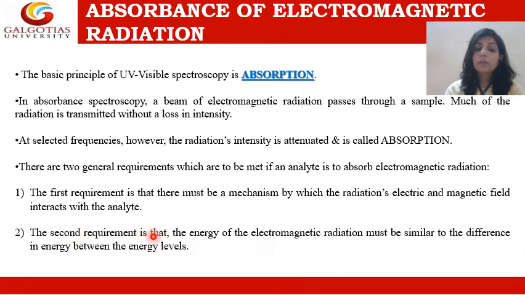The second requirement is that the energy of the electromagnetic radiation must be similar to the energy between the two energy levels. So the energy of incoming electromagnetic radiation must be equal or similar to your delta E. Delta E is the difference between your energy states.